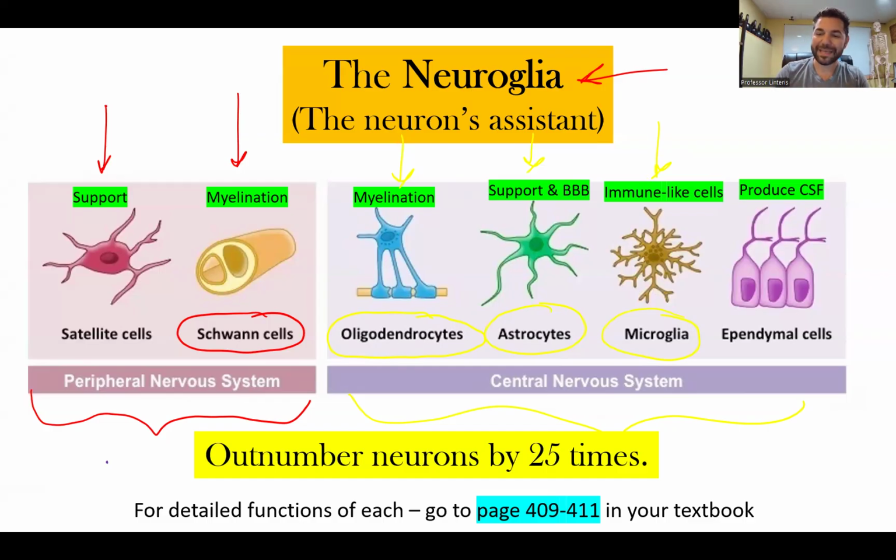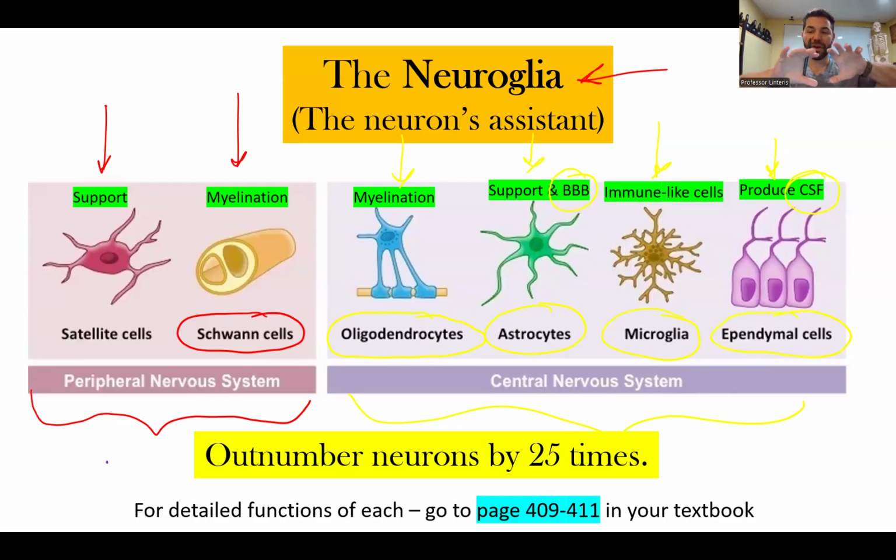And then we have ependymal cells, which is our fourth type of neuroglial cell, found in the CNS, and they produce something called CSF. So I talked about blood-brain barrier. These ependymal cells produce cerebral spinal fluid. When we get to the brain, we'll talk about it, obviously, a little bit more.